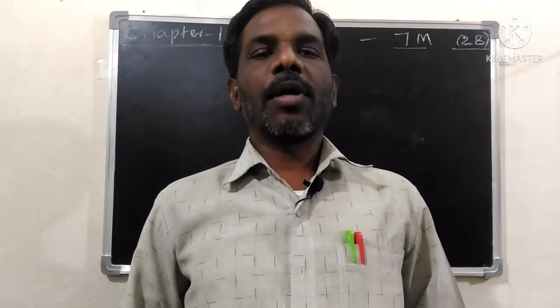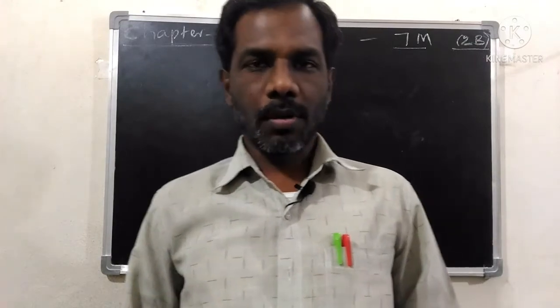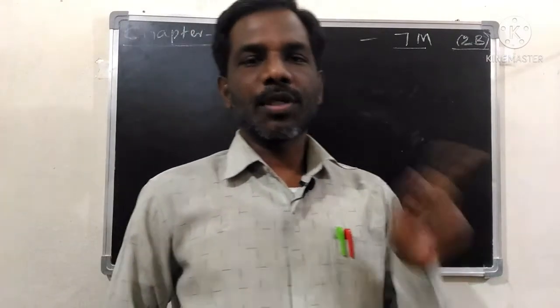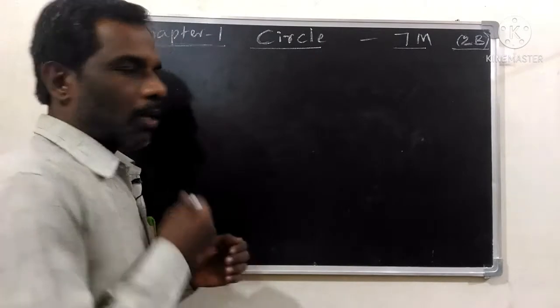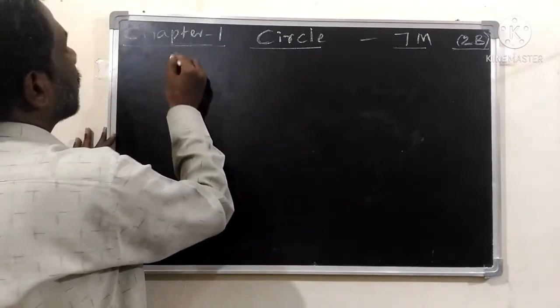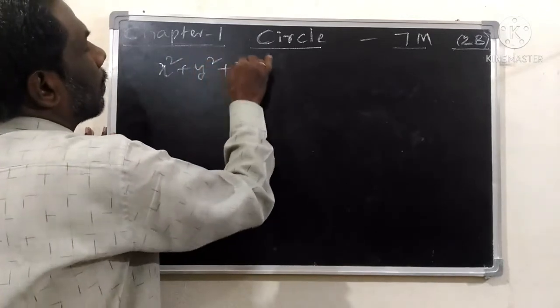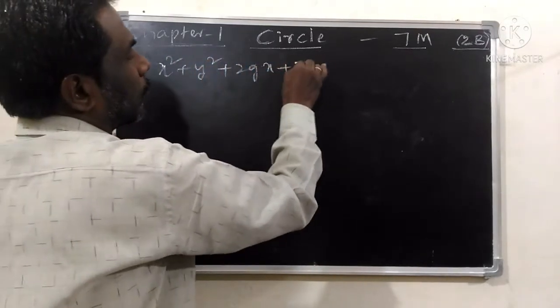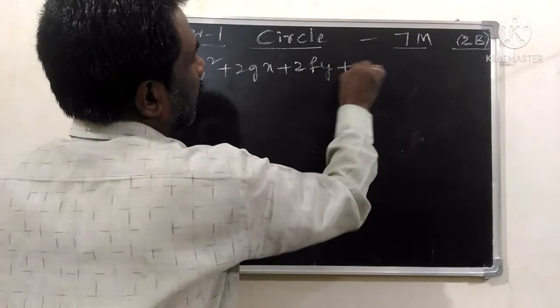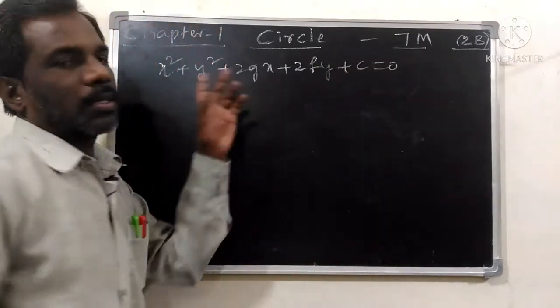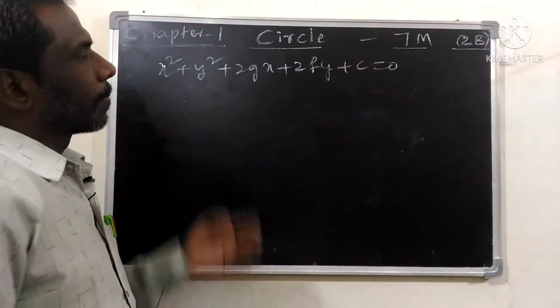Now again we have to substitute the third point, that is (1, 4), in the equation of the circle. The equation of the circle is x² + y² + 2gx + 2fy + c = 0.